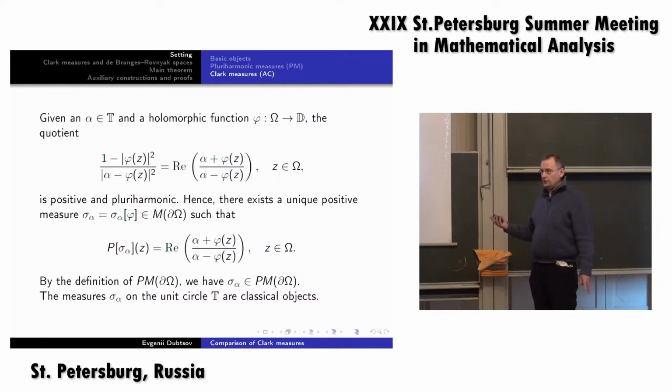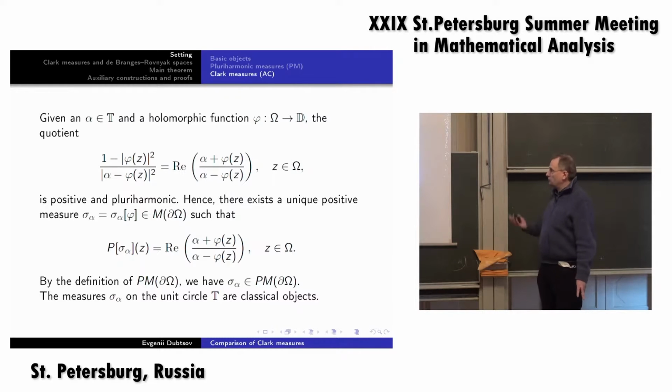There is no difference here because the function phi is defined on a domain Omega in C^n, but the values are still in the unit disk, so all the computations are the same.